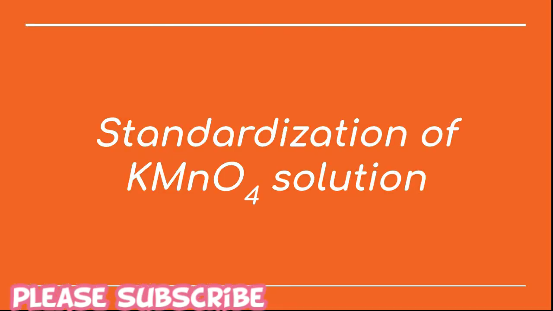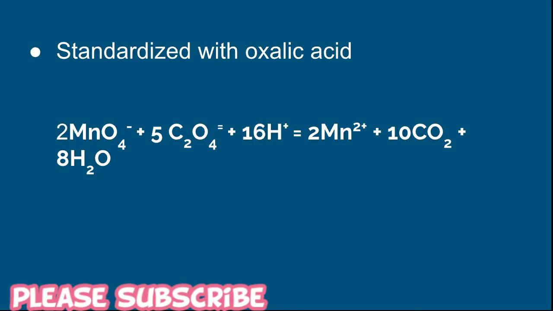Let's come to our last point, how to standardize KMnO4 solution. KMnO4 is generally standardized with a primary standard oxalic acid solution. MnO4 minus quantitatively oxidizes oxalic acid to carbon dioxide and itself is reduced to Mn2 plus.